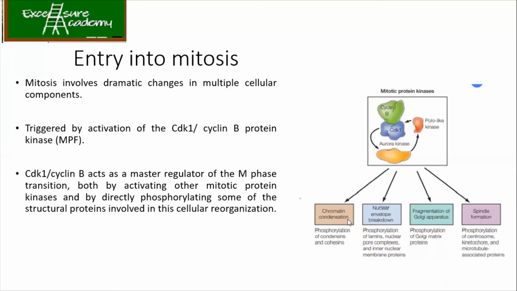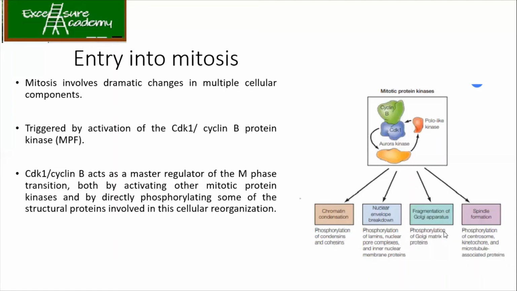First, chromatin condensation. So here what will happen? Phosphorylation of condensins and cohesins. Okay, so they help chromatin to become chromosomes. Nuclear envelope breakdown. This was already mentioned: phosphorylation of lamins. Then lamin A, C disassemble, because of which the nuclear envelope fragments.